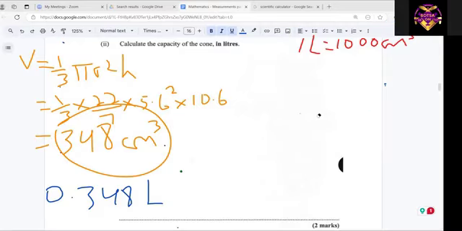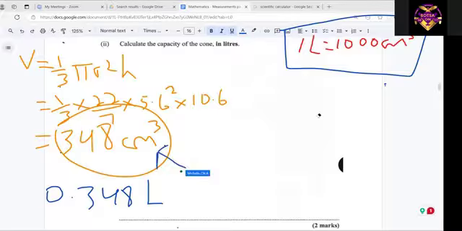Right, so you'll need to learn this metric measurement that it takes 1,000 centimeter cubed to give you a liter. So when I got the answer to be 348 centimeter cubed, I need to convert this to liters. I know I have to divide by 1,000. A lot of times you either have to divide by 1,000 or multiply by 1,000. How do I know which one?